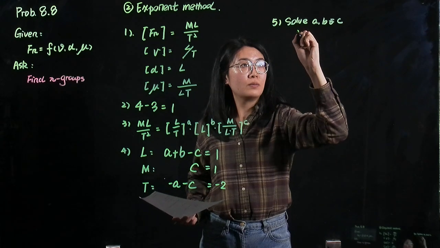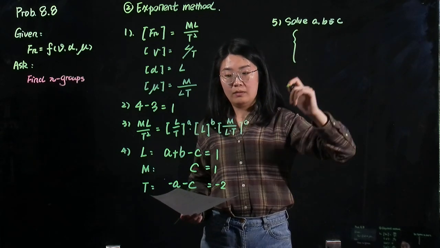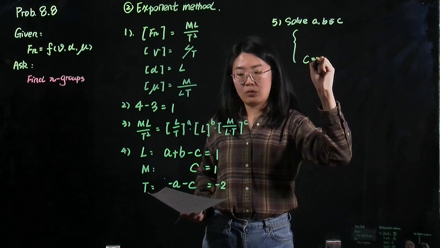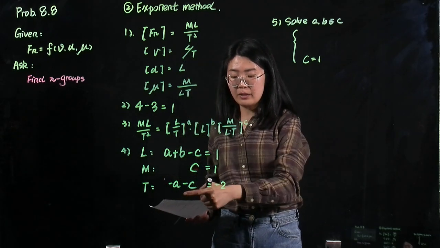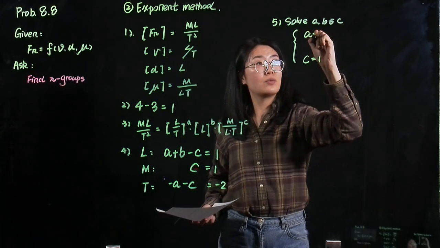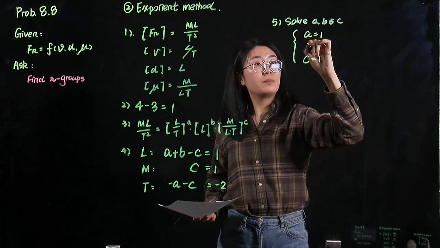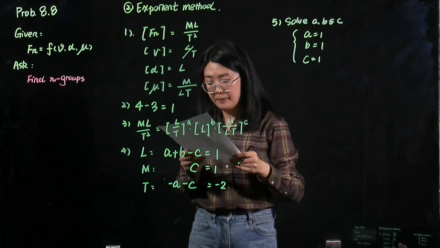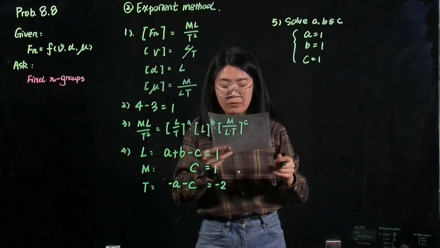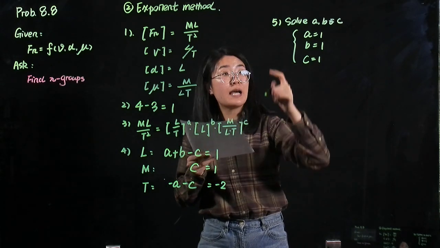And then we know the C equals 1. And A, because C equals 1, so A equals 1, and B should also equal 1, right? And then we write the dimensional equation with exponents.